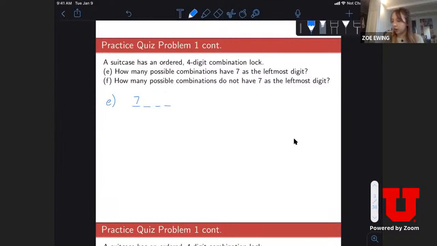There are 2 ways to do it. We can say, first we pick the first one, there's 10 options, and then 10 options, and then 10 options. Or we can just use an ordered list and say that we're picking from 10 options and filling 3 blanks. But either way, our answer is going to be 10 to the 3rd, which is 10,000.